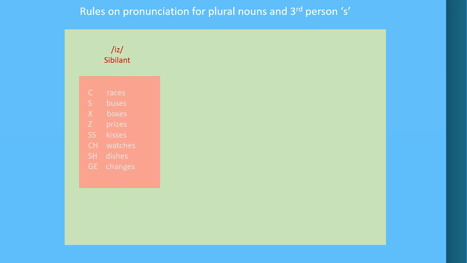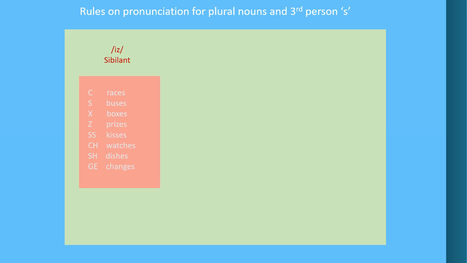So here we've got some consonants: the C in races, the S in buses, the X in boxes, the Z in prizes, the double S in kisses, the CH in watches, the SH in dishes, and the GE in changes.